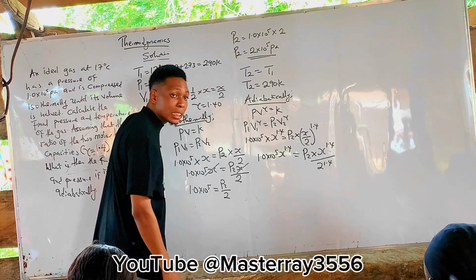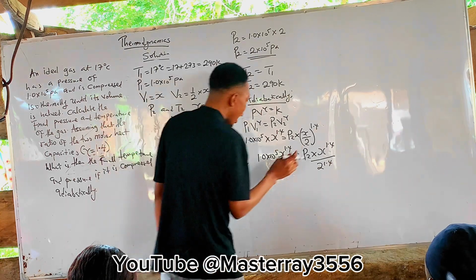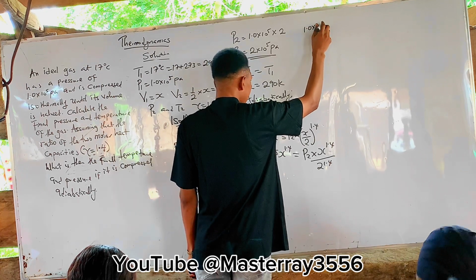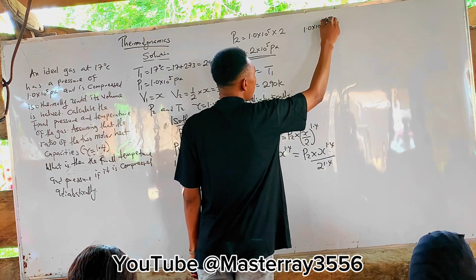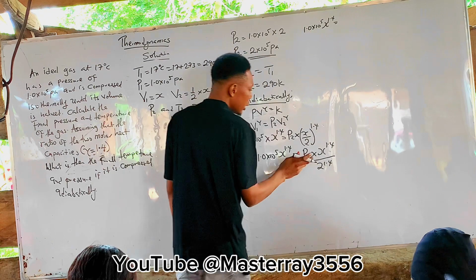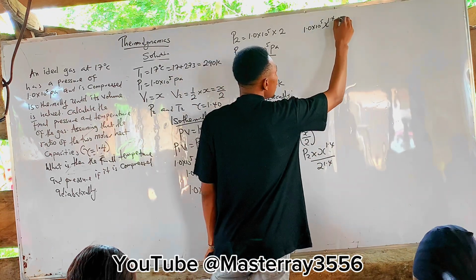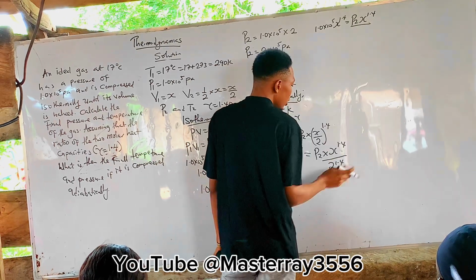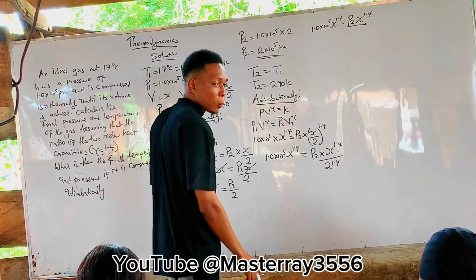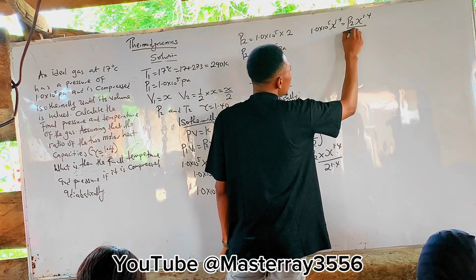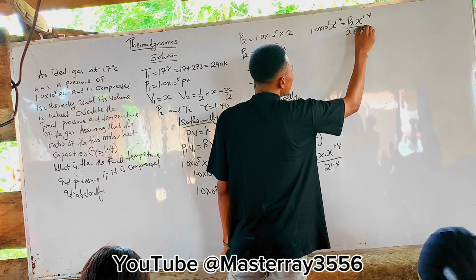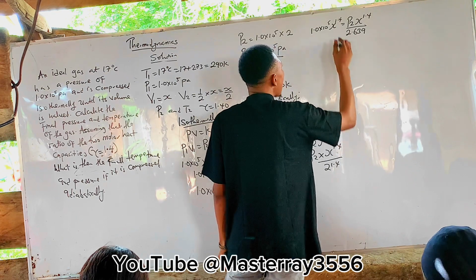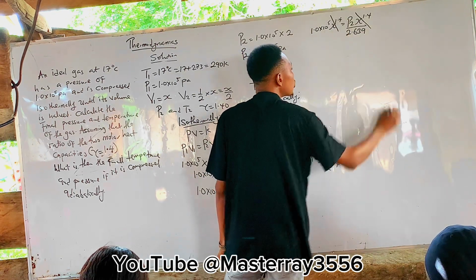Are you getting it? So from there, we have 1.0 times 10 raised to power 5 X^1.4 equals, this time, P2 X^1.4 over 2 raised to power 1.4, which is 2.639. All right, what happened? This can cancel out this, right?